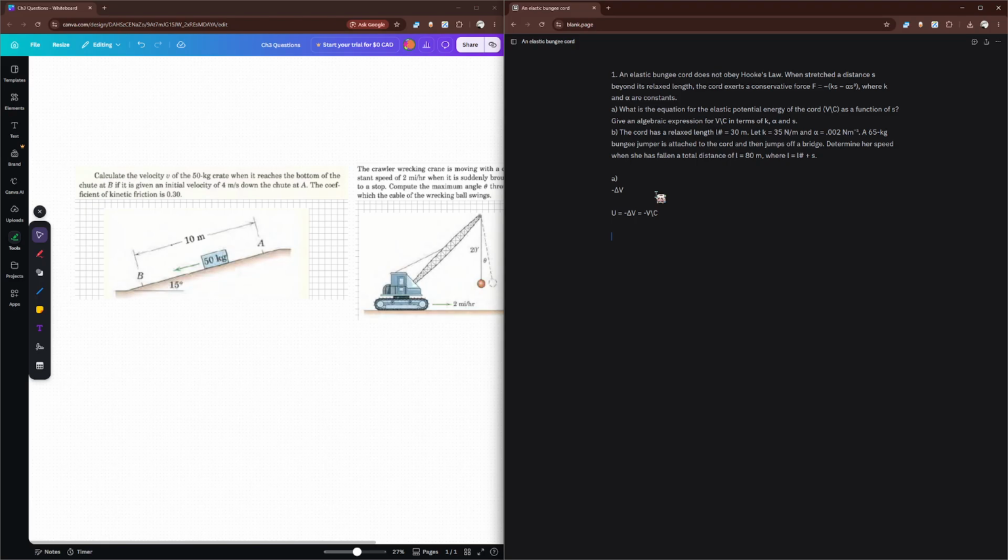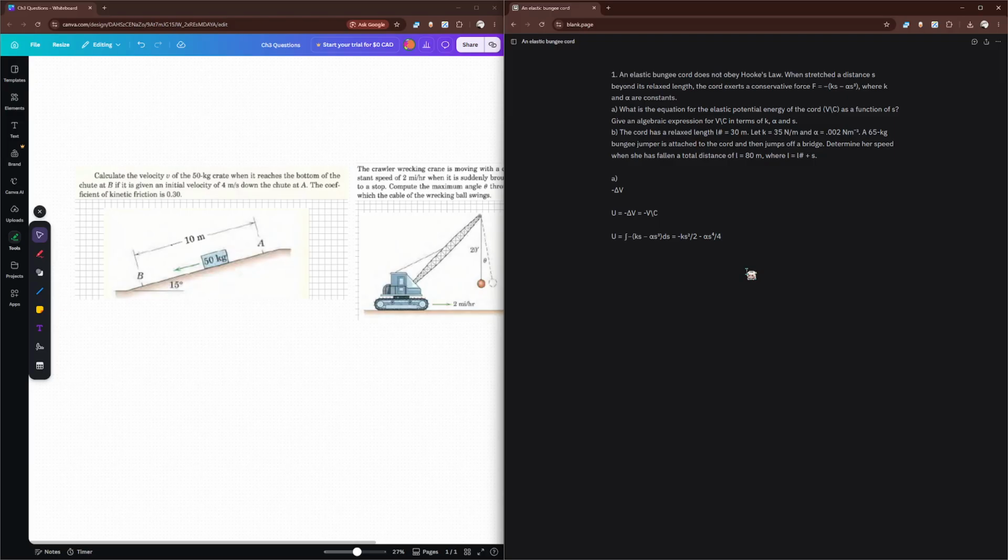So we know that U is equal to the integral of F ds. So U is equal to the integral of F, which is this, ds. If we integrate this, we're going to get negative ks squared over 2 minus alpha s to the 4 over 4.